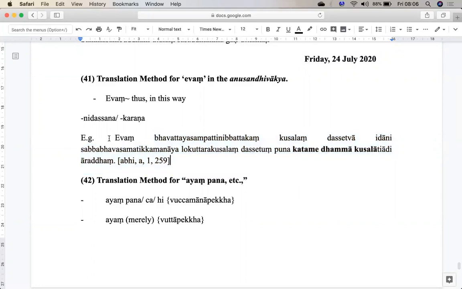In that sense, here evaṃ we generally say "thus" or "in this way," also okay.